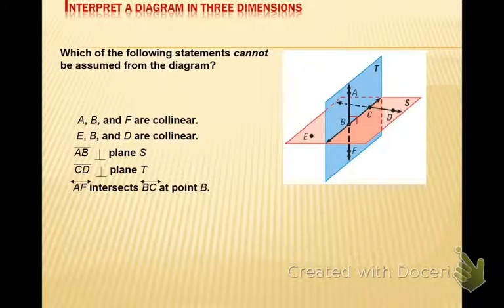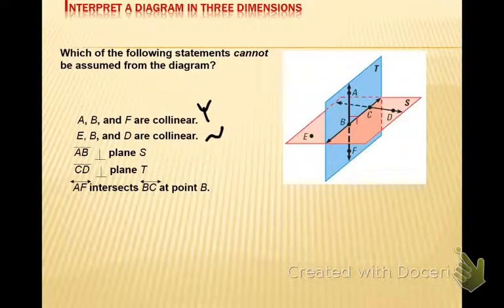Can you assume that E, B, and D are collinear? Why not? Right, there's not a line drawn. They may look like they're collinear, but we don't have a line drawn through them to know for sure. So we can't assume that, right? So this is a yes, this is a no.